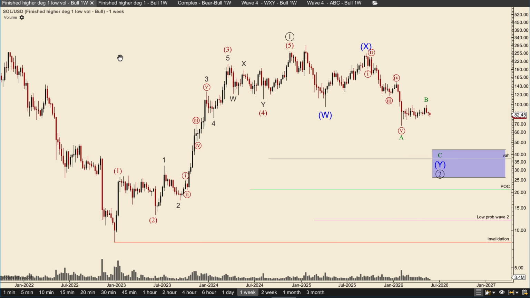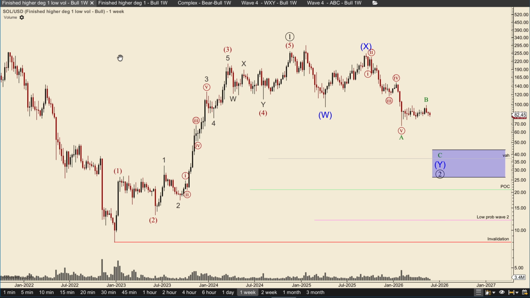So the only difference between these two scenarios, this one is looking for a finishing wave 5 in a 5-wave structure. This one is looking for a finishing wave C here, 1, 2, 3, 4, 5. But then you have the A, B, C, that kind of move. So that is the difference between those two.